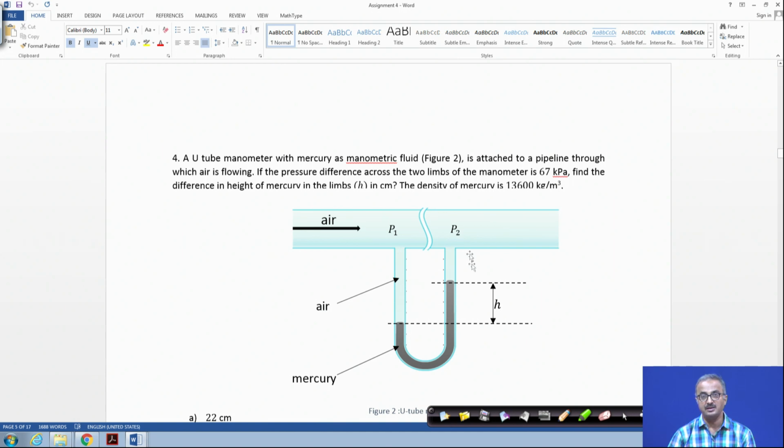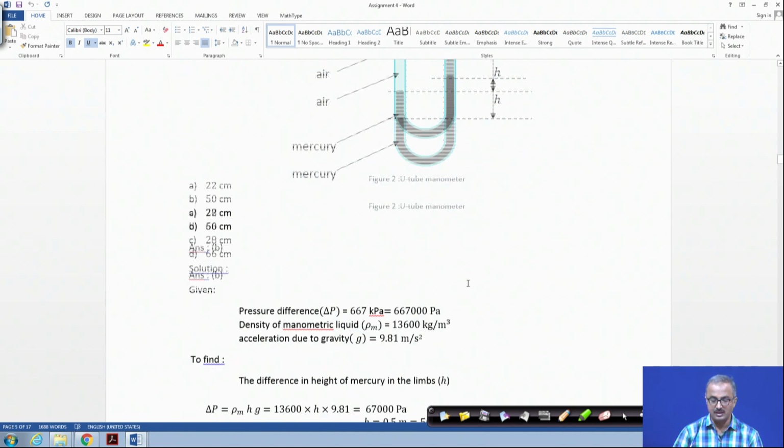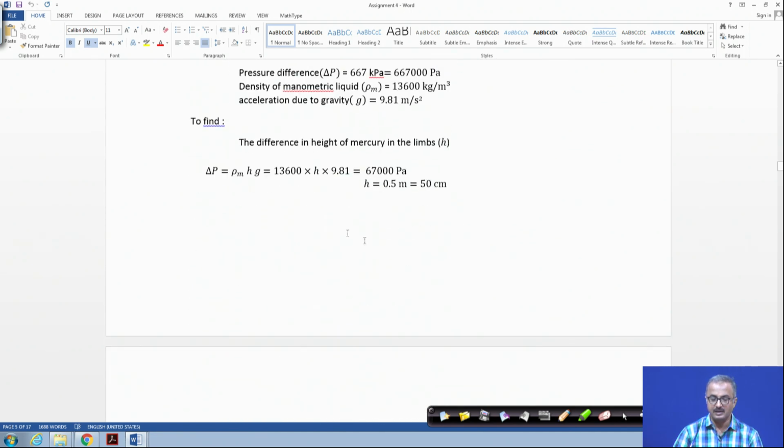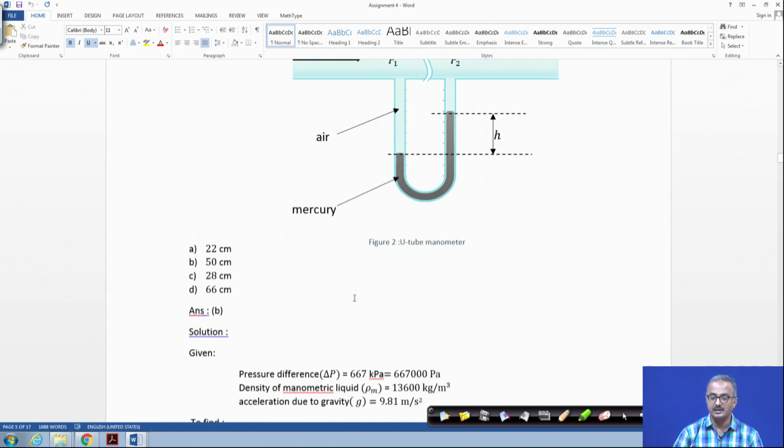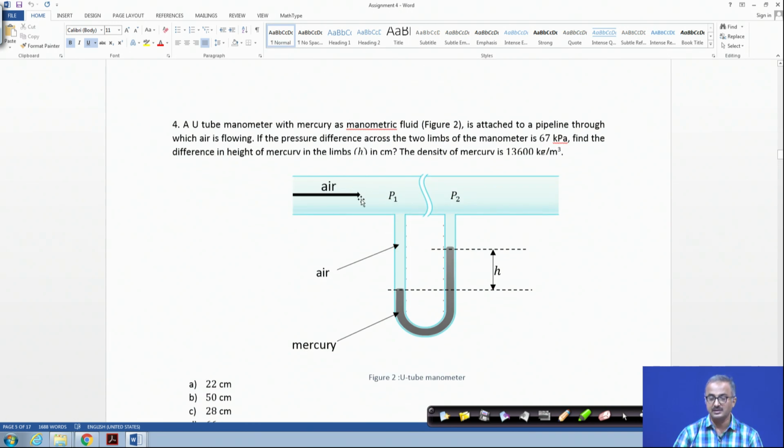This P1 minus P2 can be correlated very easily by a force balance, and we get the pressure drop in terms of this height. In this particular example we are neglecting the effect of air density with respect to the density of the manometric fluid, which in this case is mercury.